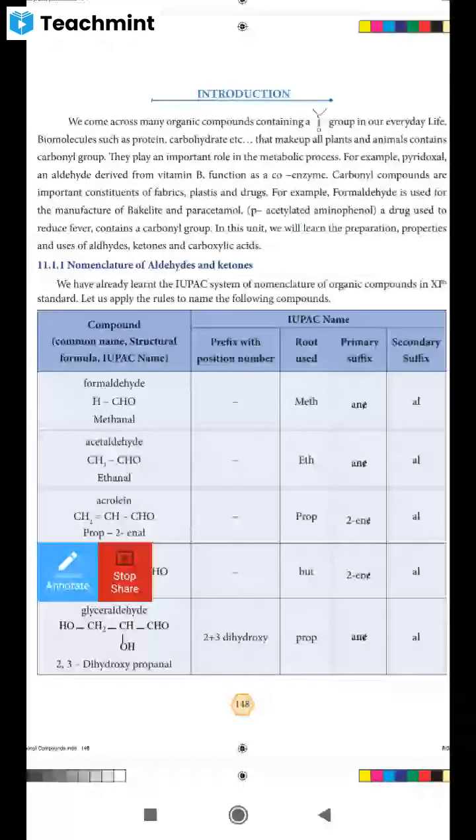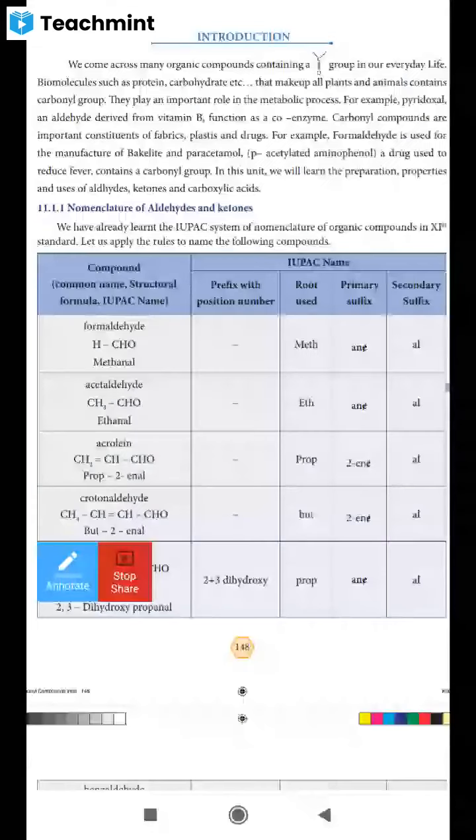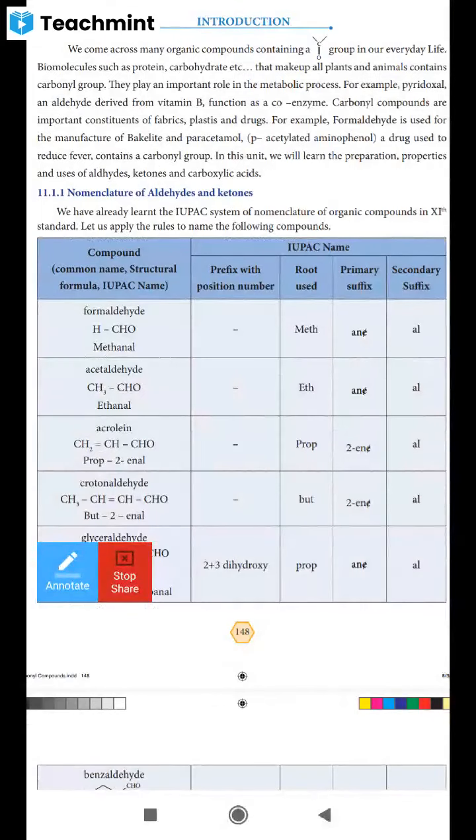For examples, you have so many in this page 148 and 149. You can give any one example.